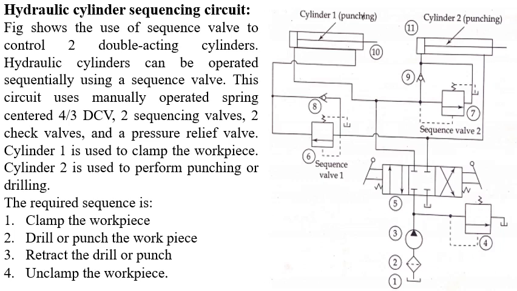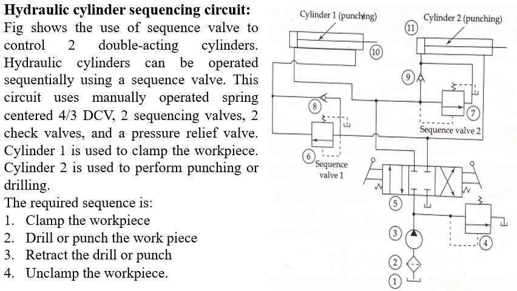Here part numbers 6, 7, 8, 9 are the new parts. Part number 6 is sequence valve 1 and part number 8 is a check valve, part number 7 is sequence valve 2 and part number 9 is a check valve. So 6 and 7 are sequence valves, 8 and 9 are check valves, and 10 and 11 are double acting cylinders.